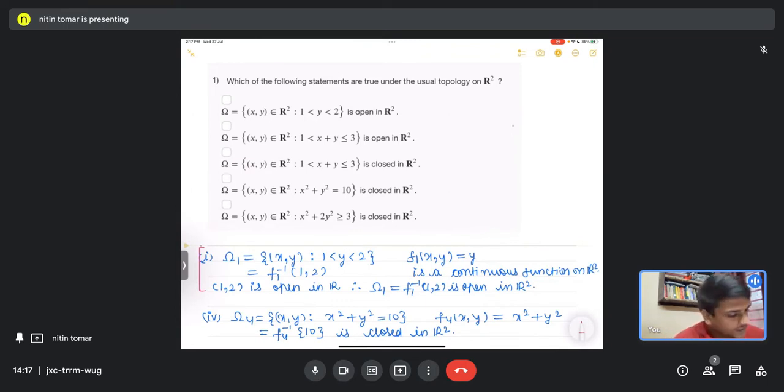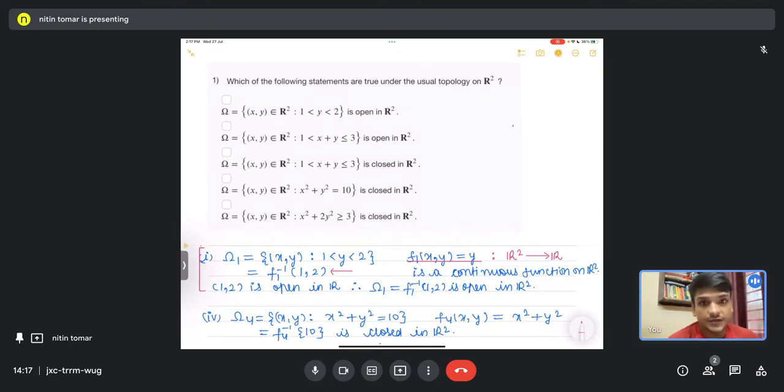Now if we define the function f1(x, y) equal to y, then we know that it is a continuous function from R2 to R. Now omega 1 can be written as f1 inverse of (1, 2), that is, the inverse image of (1, 2) under the map f1.